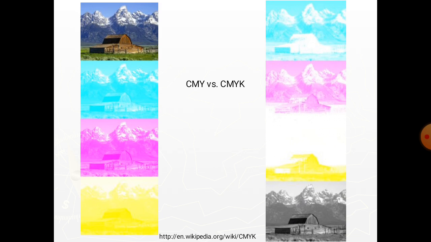So, in order to produce a true black, which is predominant in color printing, a fourth color, black, is added, giving rise to the CMYK color model. When publishers talk about four-color printing, they are referring to the three colors of the CMY model plus black. So here is the difference between CMY and CMYK.